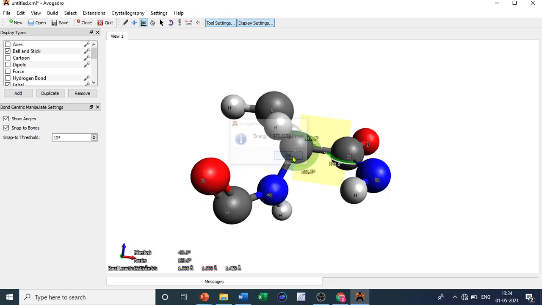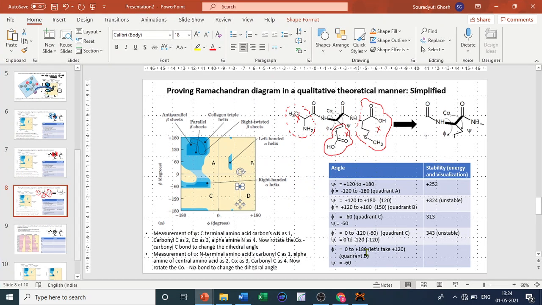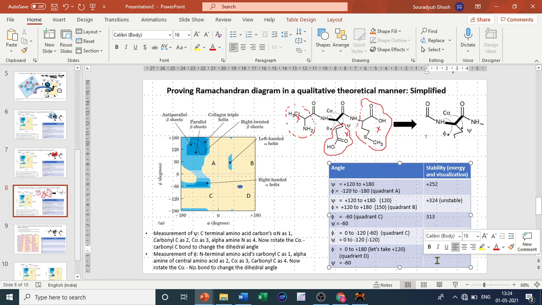So 373. This got the highest energy of what we have calculated so far, 373. So you can clearly see that this is also unstable. To summarize, this quadrant is the lowest energy out of everything that we measured, and that explains why you have so many types of structure over there.